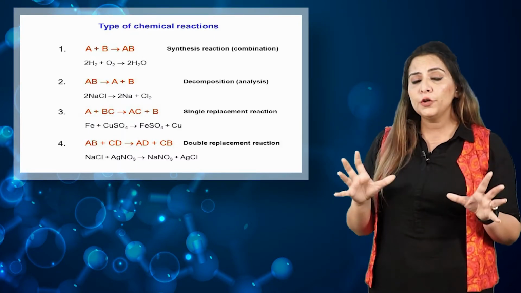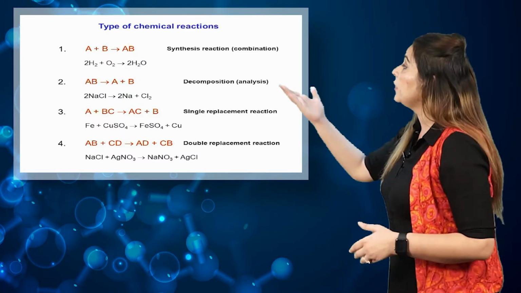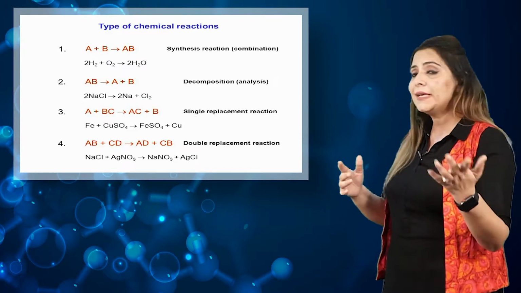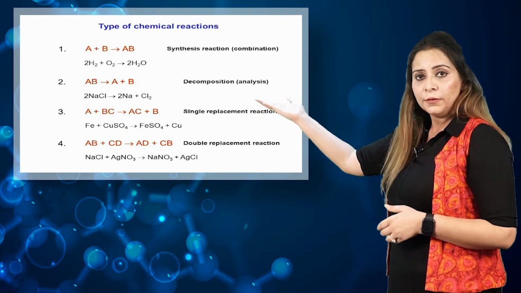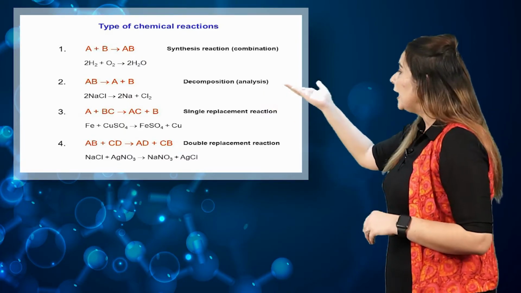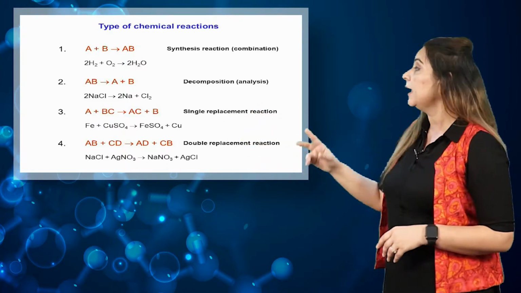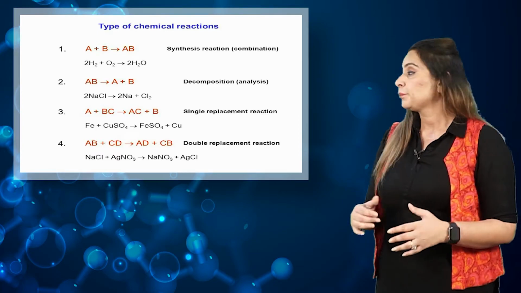But don't get confused by this. Don't think that every time we need to have A and B, that means two reactants. The reactant can be one also. For example, I may have a reaction like AB, arrow, forming A plus B. So in this case, we have one reactant and two products. So a reaction can be like this also, right?